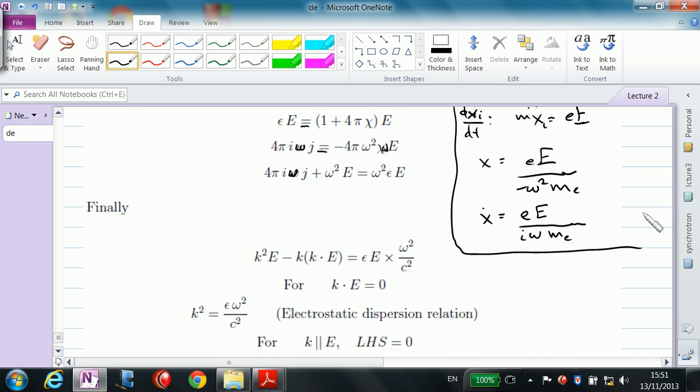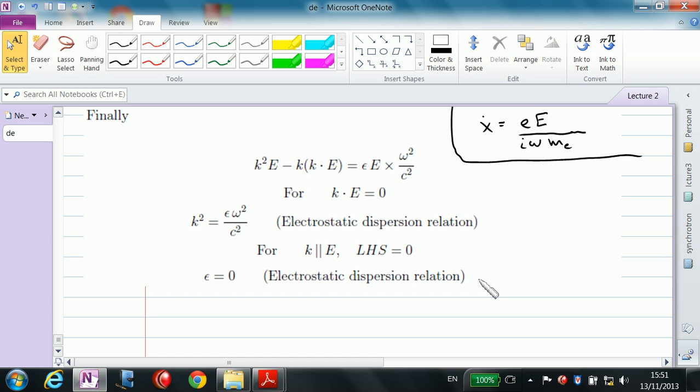It's because I can just pick a mode where E is perpendicular to k, and therefore it just happens to be 0.